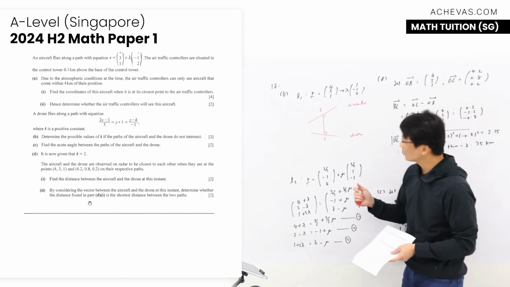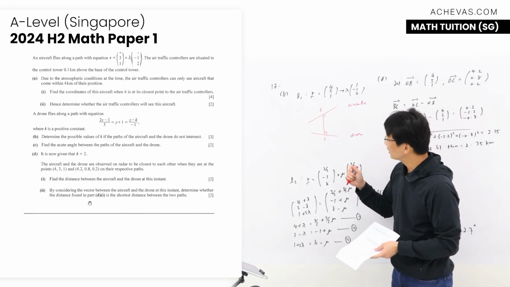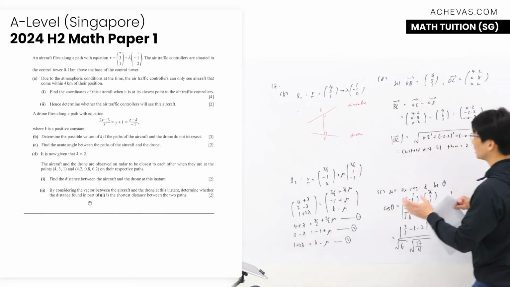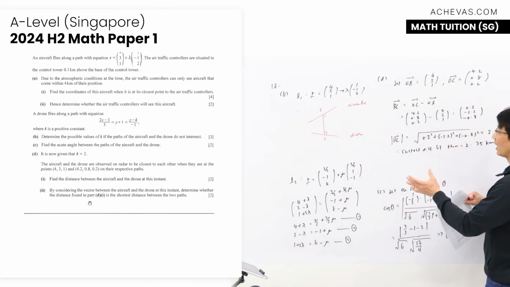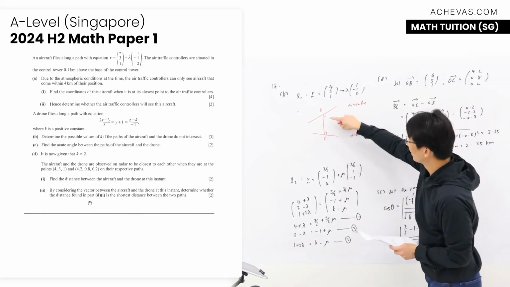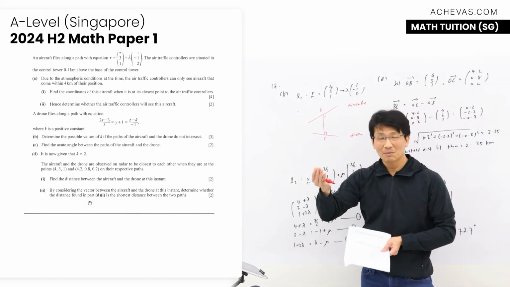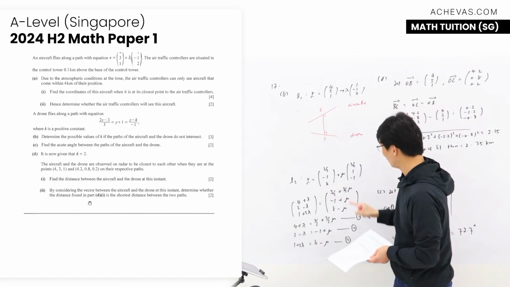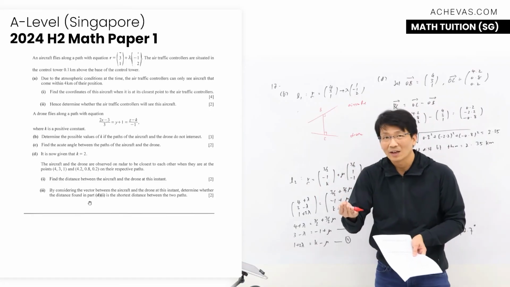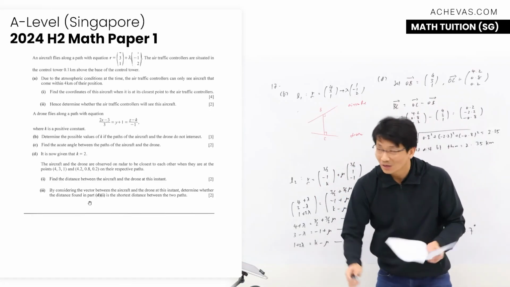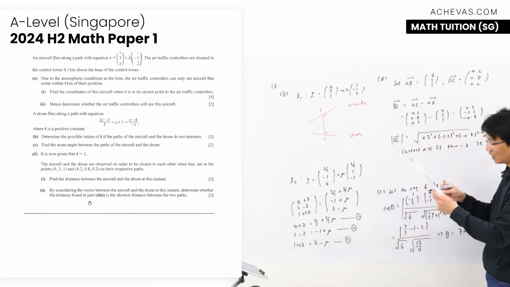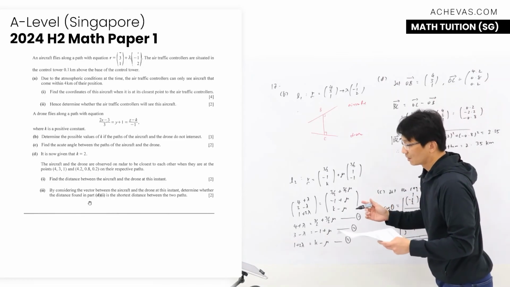So from this diagram, I can quickly tell by doing some dotting. If I use BC dot with this, it should theoretically give me 0, and this one dot with this, I'm supposed to get 0 also. This is the criteria in order for BC to be the shortest distance.